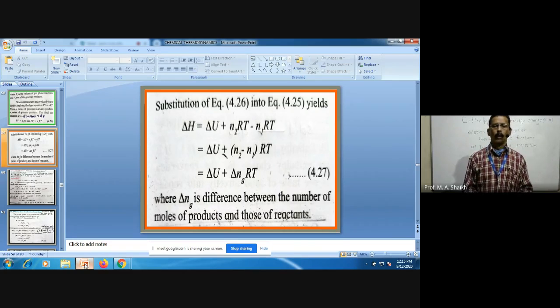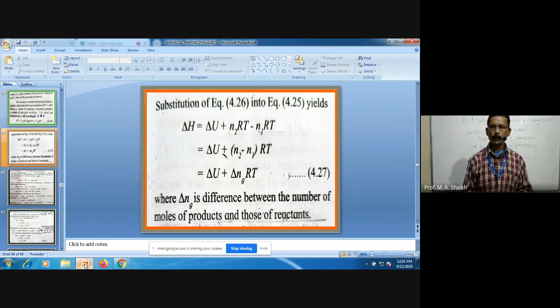So in the next line, by taking RT common from the last two terms, we will write delta H is equal to delta U plus, in brackets, N2 minus N1, and the common part outside the bracket, that is RT. So delta H is equal to delta U plus, in brackets, N2 minus N1, and outside the bracket RT.